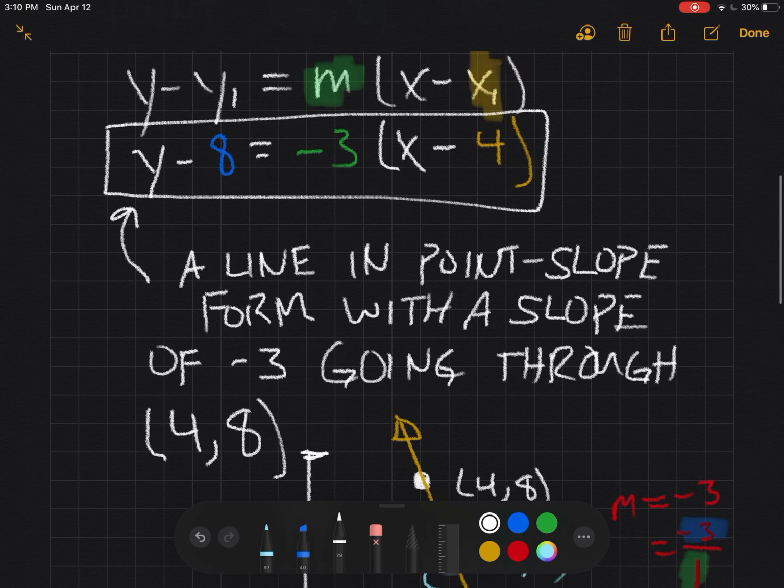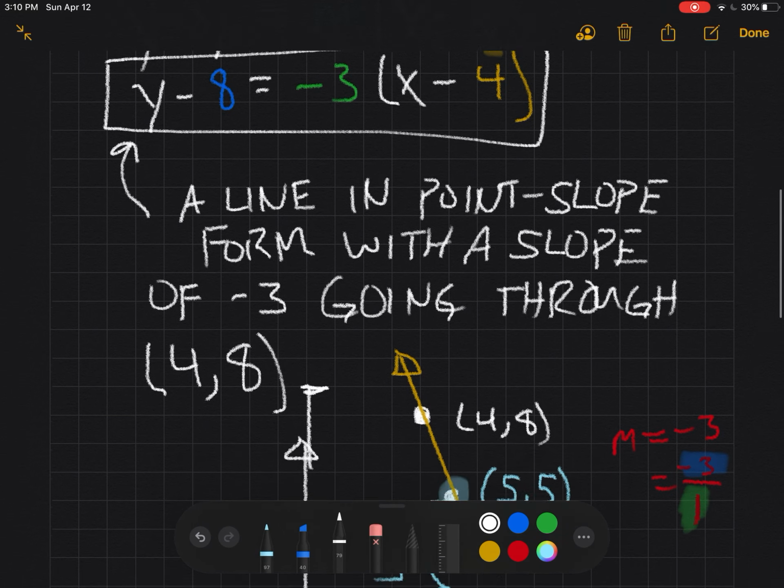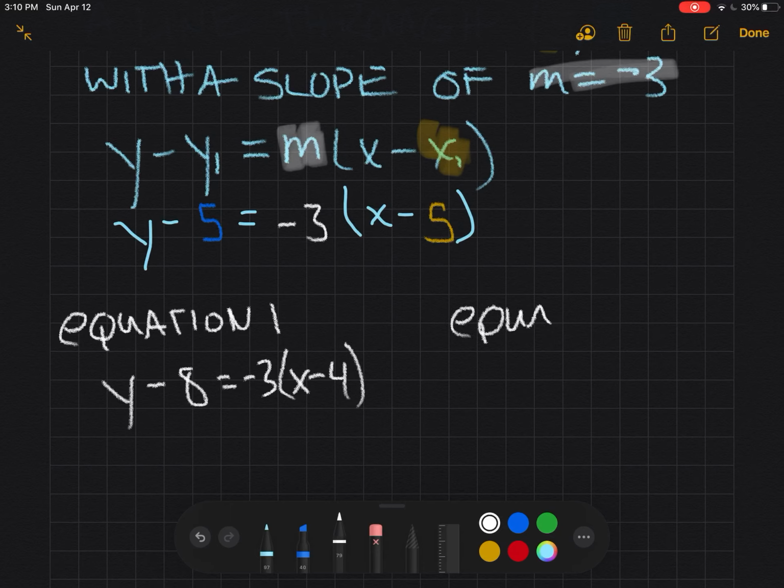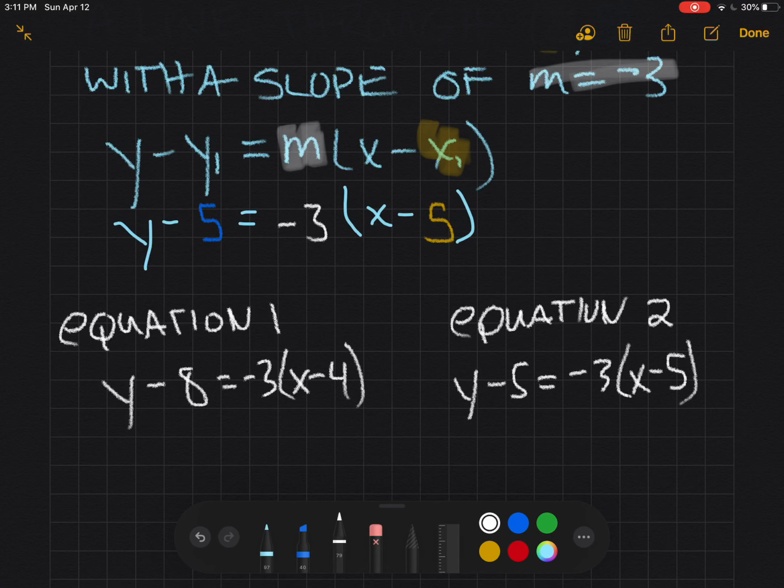So here's equation 1. Let's take a look at it again, I don't want to get it wrong. Y minus 8 and x minus 4. So that gave us y minus 8 equals -3 times x minus 4. And we also have equation 2.